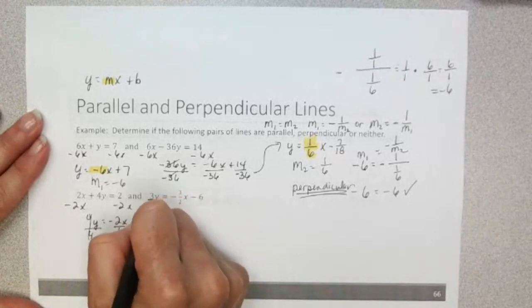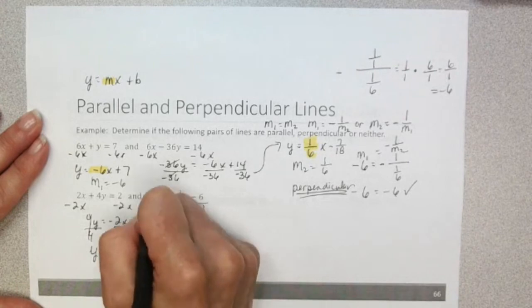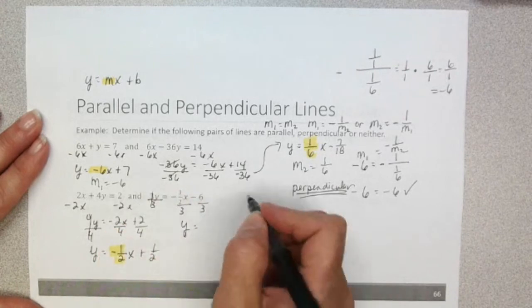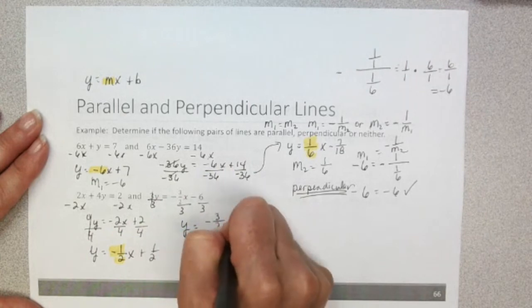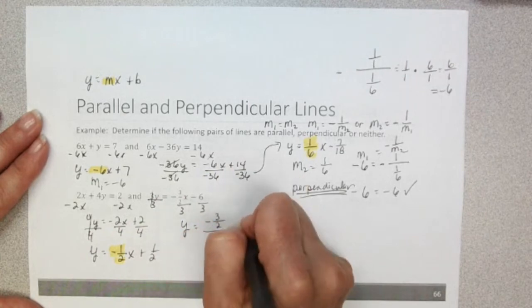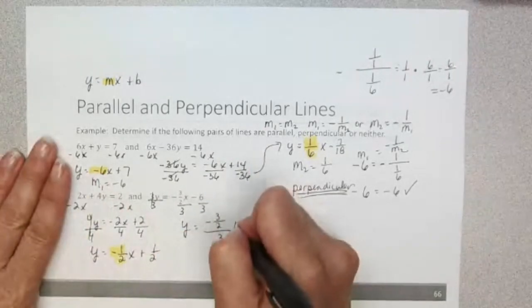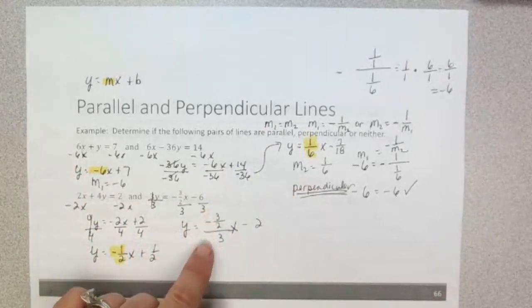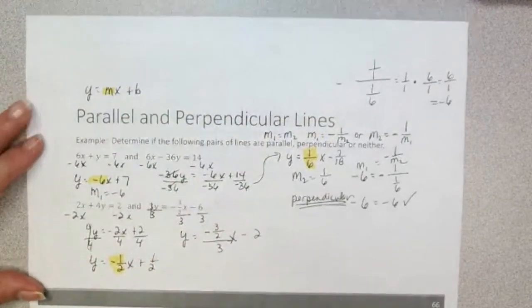Here, I think we just need to divide everything by 3 to solve for y. So then y equals, oh, look at this, -3/2 x divided by 3 minus 6 divided by 3. That's just 2. Okay, this is weird. -3/2 divided by 3, well, we've got to simplify that, right?